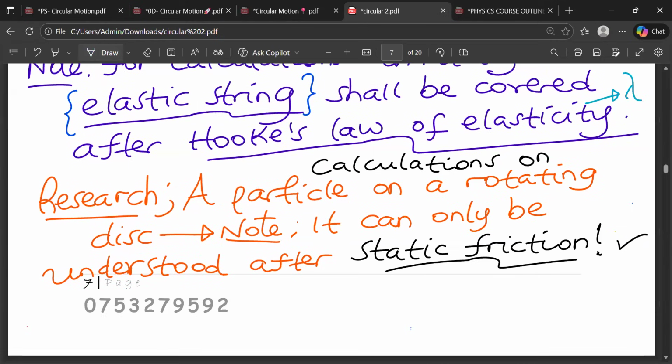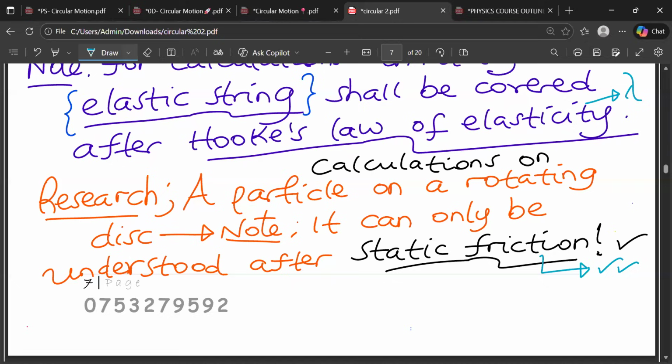If you're also well conversant with static friction, when you cover this thing on a rotating disk, you'll understand, because they will tell you that the friction is what will provide the centripetal force in case that particle is to slide over the rotating disk. You get?